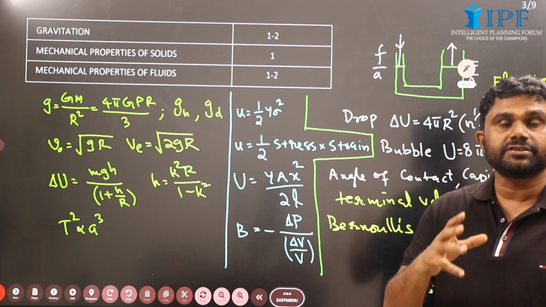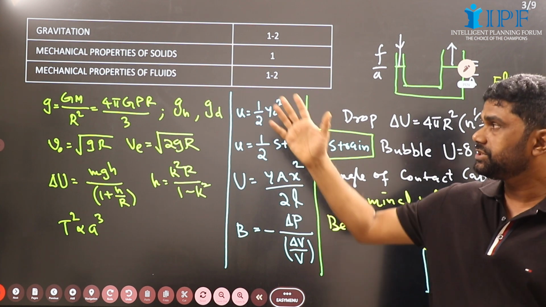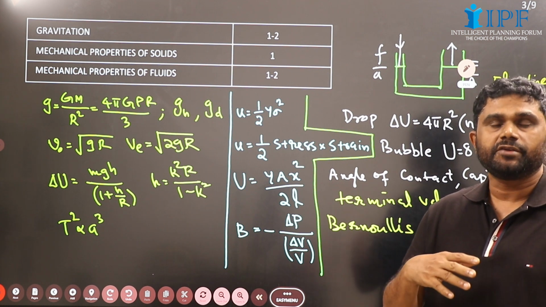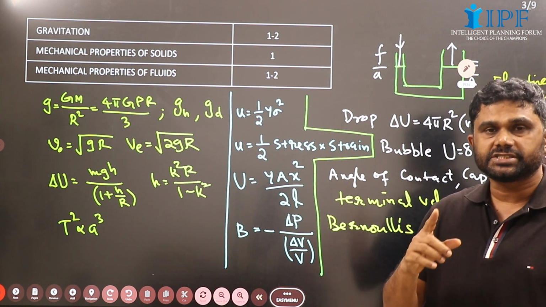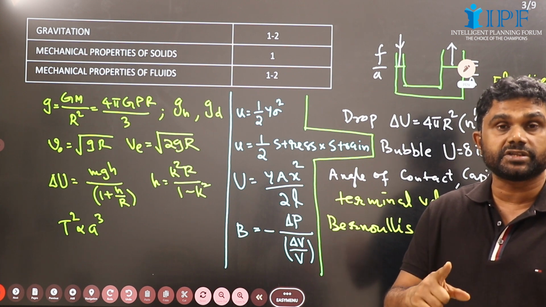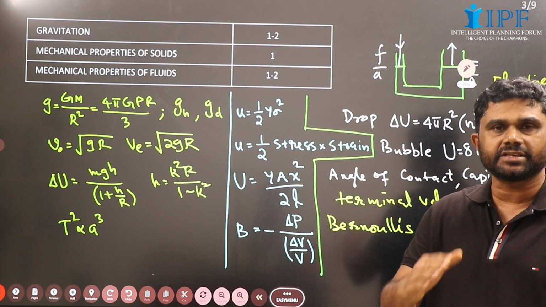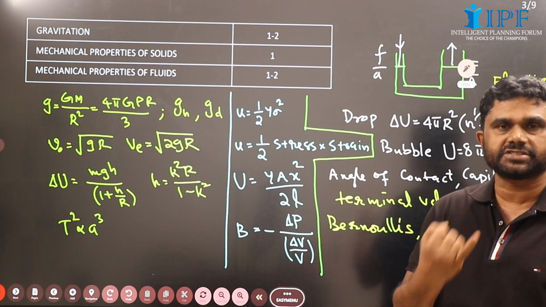Okay, the next thing that you should know from the chapter gravitation is Kepler's laws. Okay, and first thing, see, the planet will be moving with constant areal velocity, means equal areas in equal intervals of time. That is the first thing.